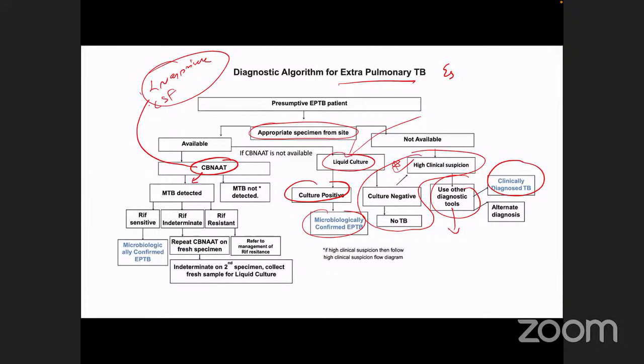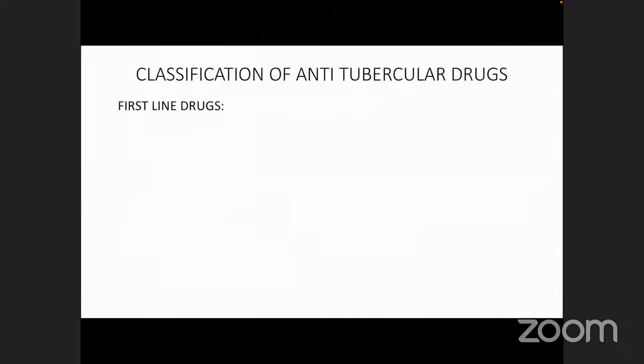The patient was initially febrile, now has become afebrile. All those things you may have to use in patients in whom you have diagnosed TB clinically. If the symptoms are not resolving even after the initiation of treatment, you may think of either DRTB or some alternative diagnosis. Okay. Now, the diagnosis part is, I hope, clear.